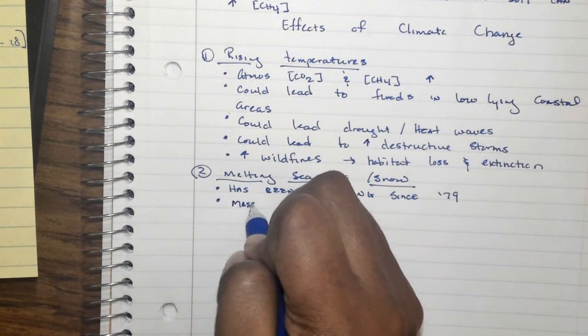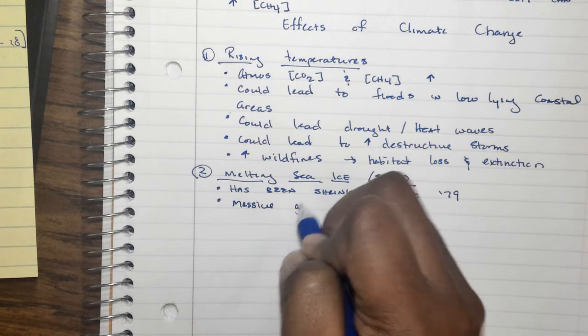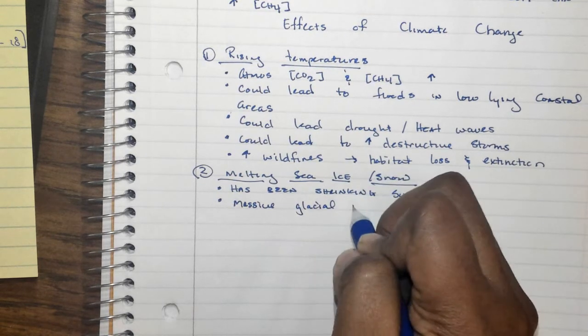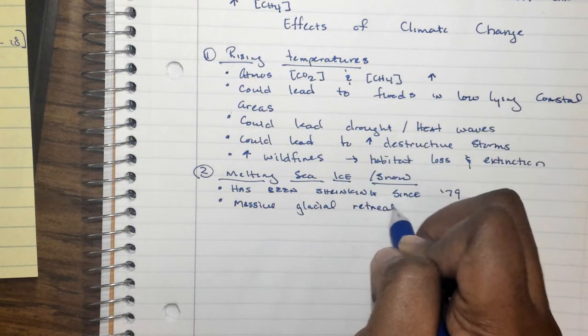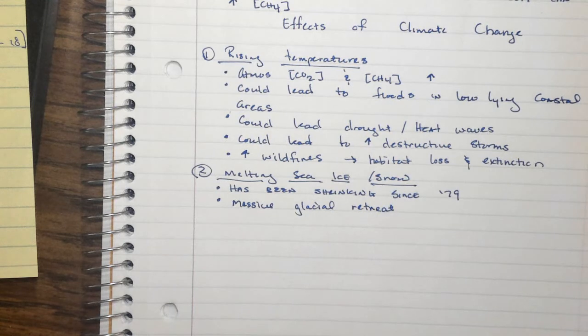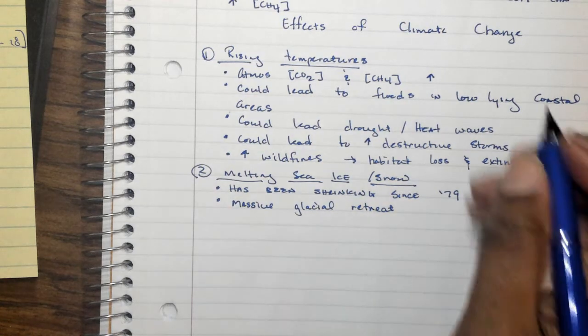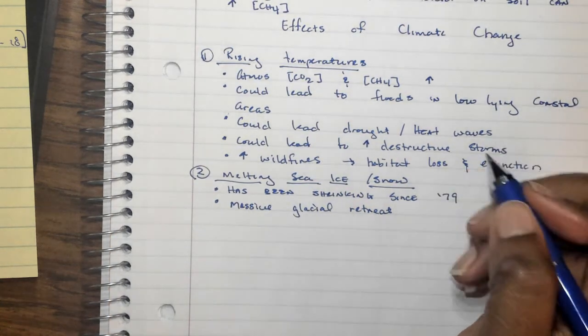We have some very massive glacial retreats. What is a glacial retreat? Sorry. Is it a glacier going on vacation? What is it? It melts so much that it shifts back. So we have massive glacial retreats now.